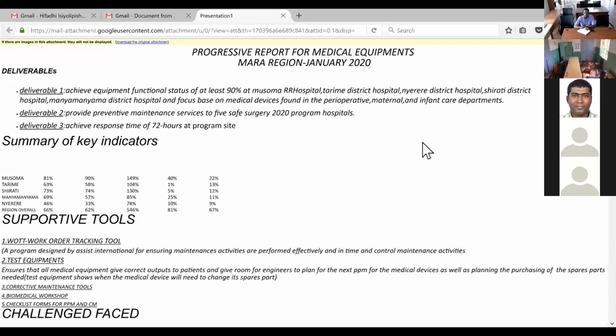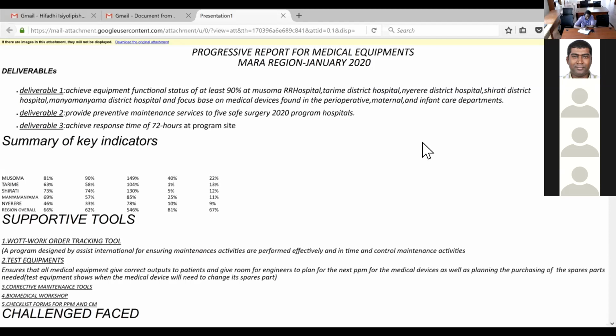And the focus was based on medical devices found in surgical units, surgical areas, maternal and infant care departments. The deliverable number 2 was to provide preventive maintenance services to 5 safe surgery hospitals, which we have selected.